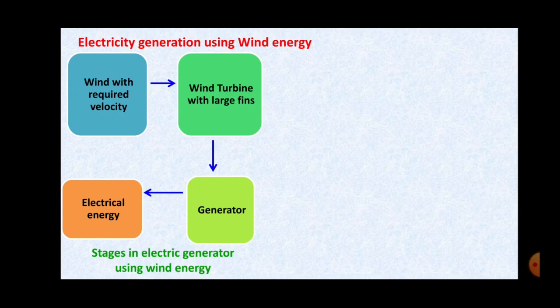So when the wind with a high velocity rotates the blades, the turbine starts moving. This turbine is connected to the gearbox, and this gearbox increases the rotation of the turbine blades, which runs the generator, and in turn the generator generates the electricity.